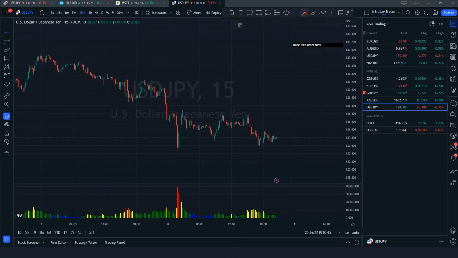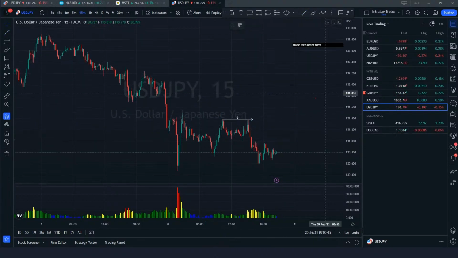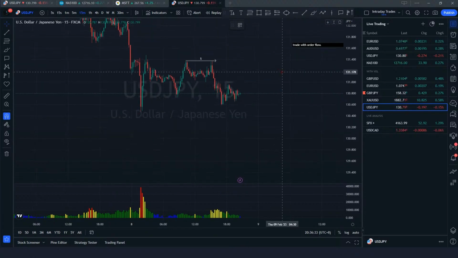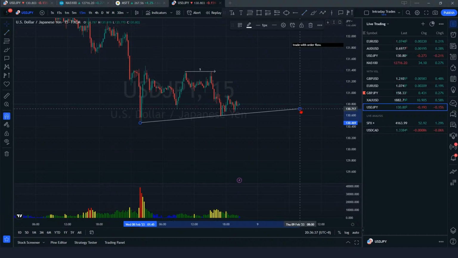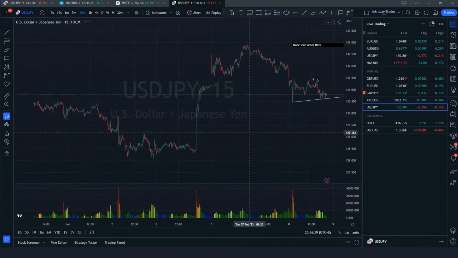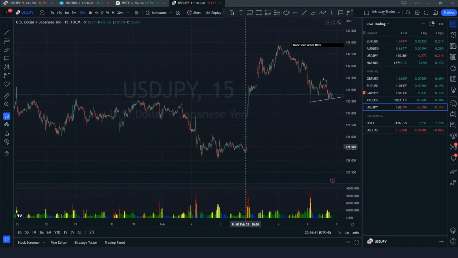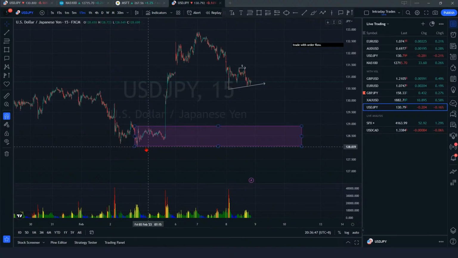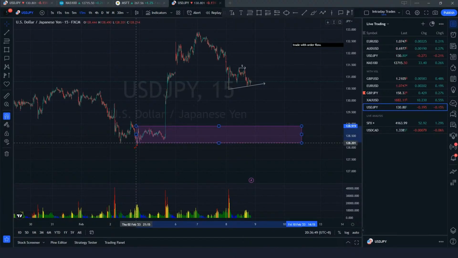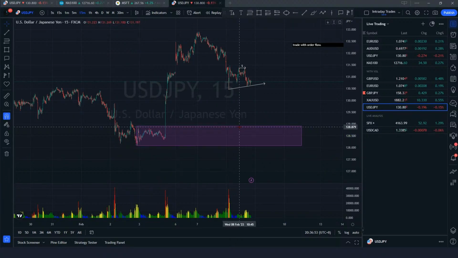Okay. We have equal highs over here, and okay, we have this trend line. Whoa, that's a big impulse. All right. Okay.